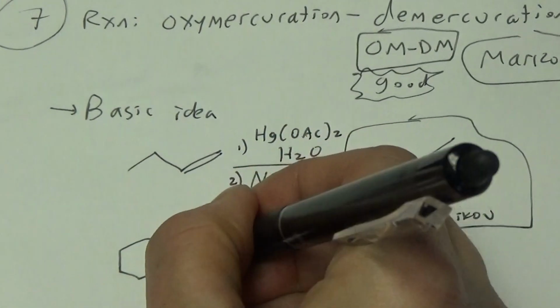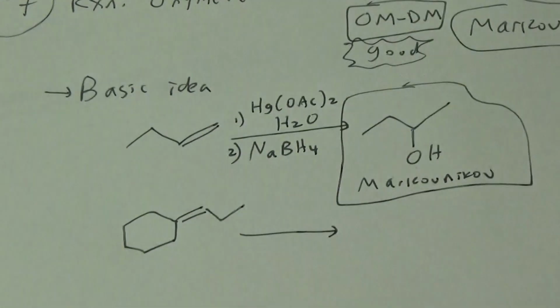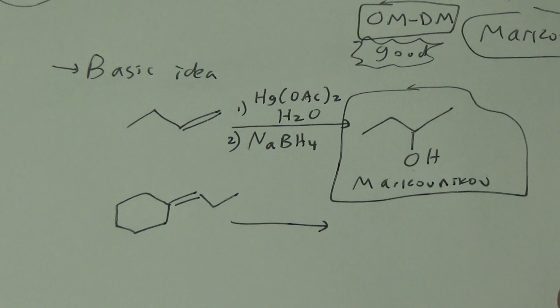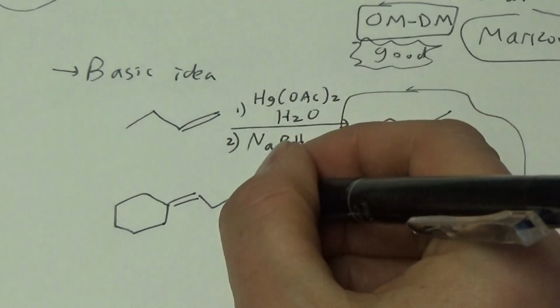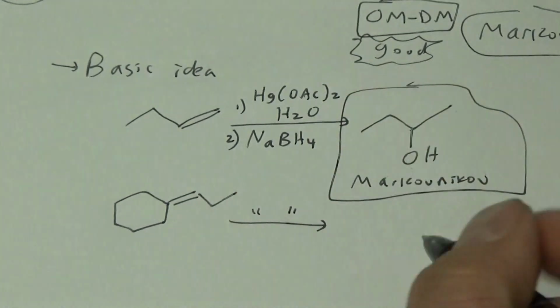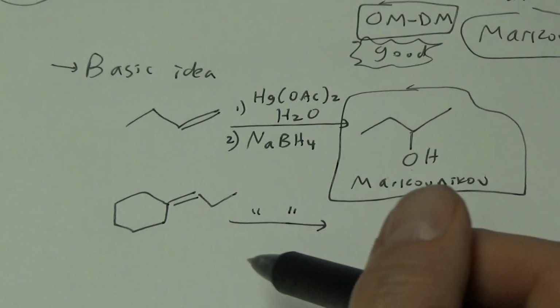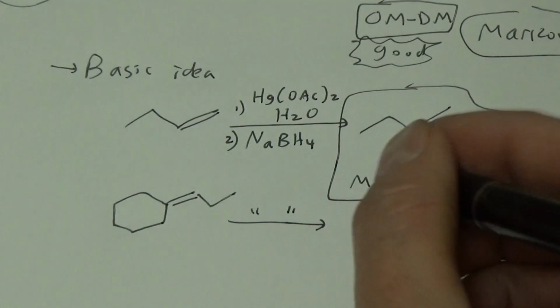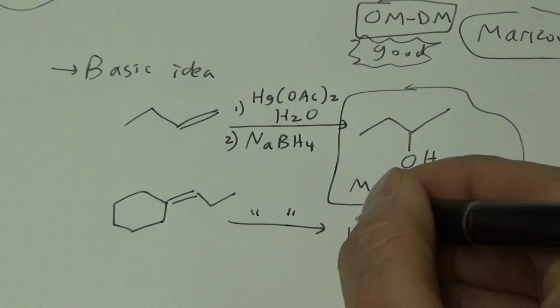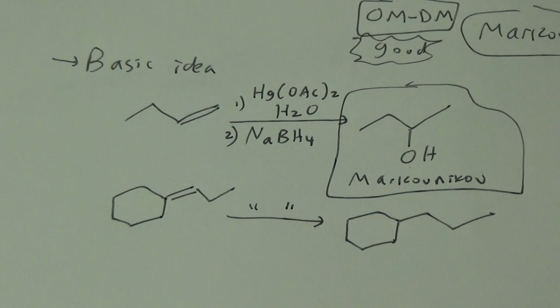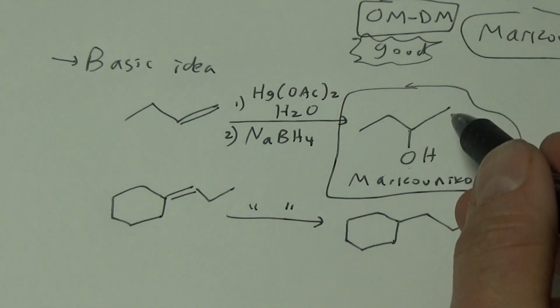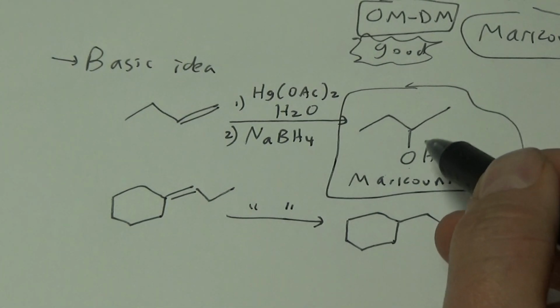So, what if we take this alkene and do the same exact thing? What's the product? Same reagents. Markovnikov alcohol formation of this guy. What's it going to look like? Where's the alcohol go if it's Markovnikov? There's also an H being added, but we're not drawing that. We just focus on the alcohol.